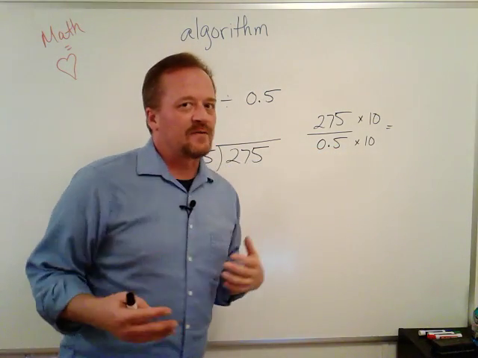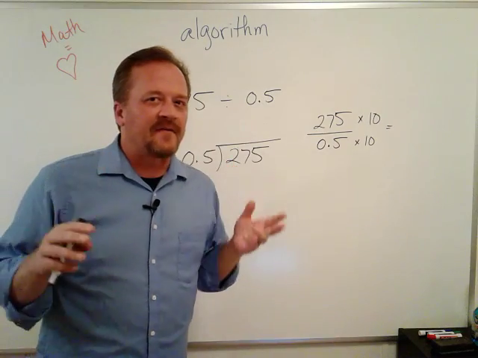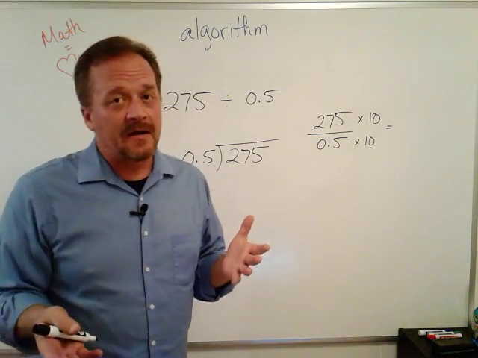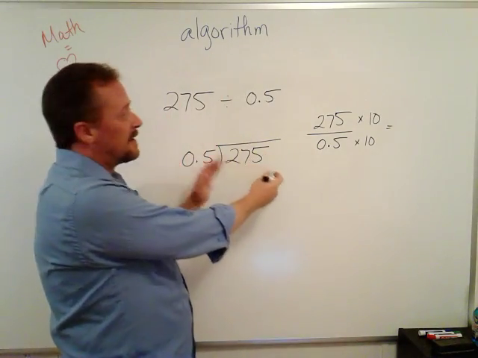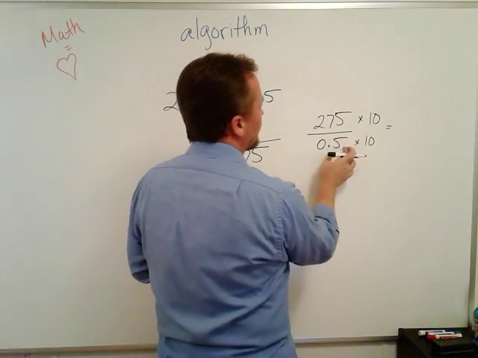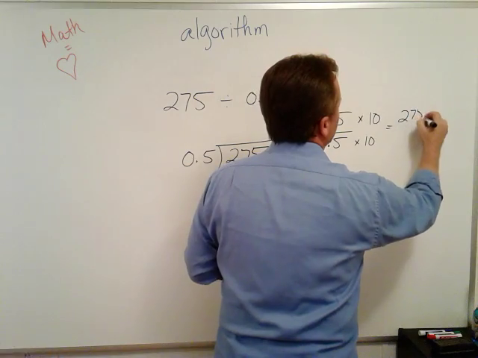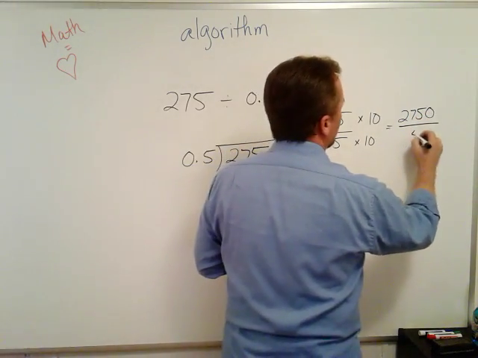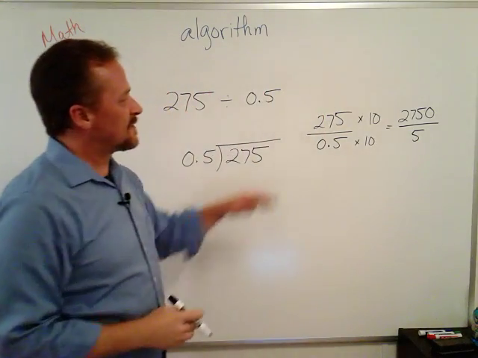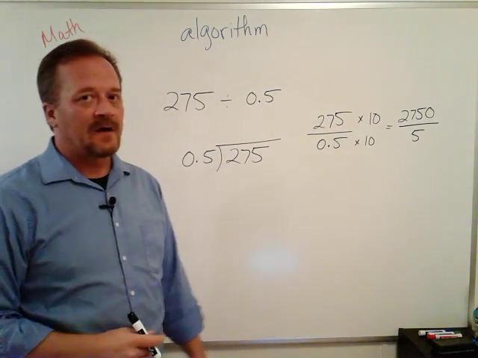So conceptually, and this isn't something you're going to have to think of every time because I'm going to show you a shortcut, what's happening is that I'm multiplying the top and the bottom of this fraction by 10, so it comes out as 2,750 over 5. I multiplied the top and the bottom by 10, okay?